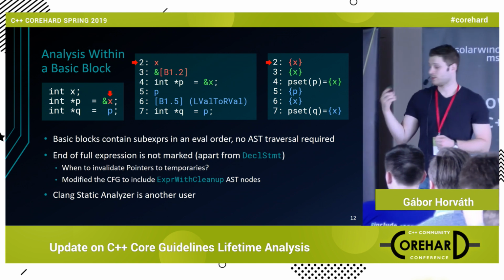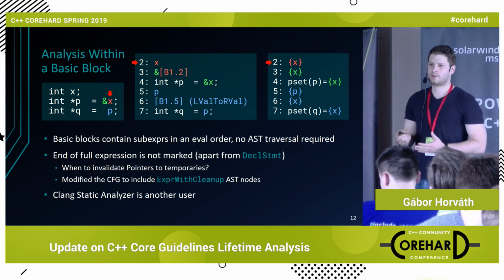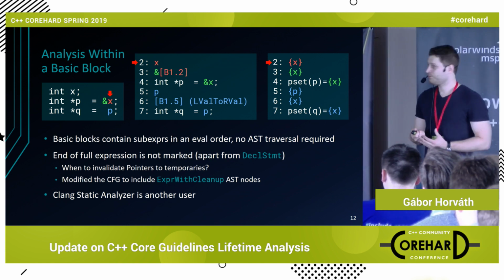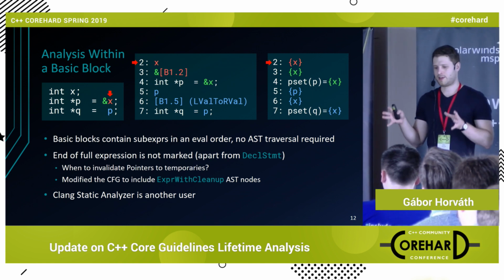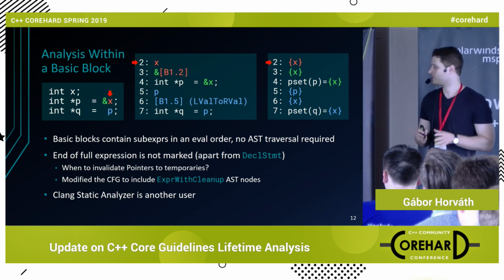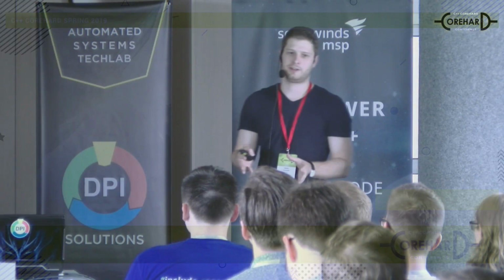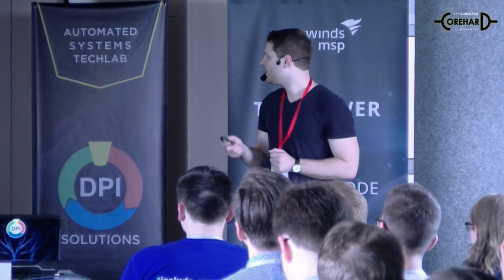So when we mention a variable and we have an L value, then the rule is to have a points-to set for each expression, and for this expression the points-to set will be x. So this expression refers to the variable x.